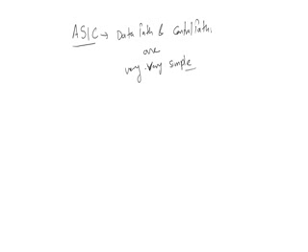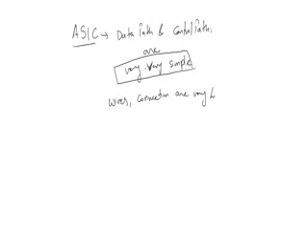So what do you mean by very, very simple data and control path? Okay, if you see the number of wires or connections, the number of connections are very limited. We have very limited wires or connections in the data path and control path, right?